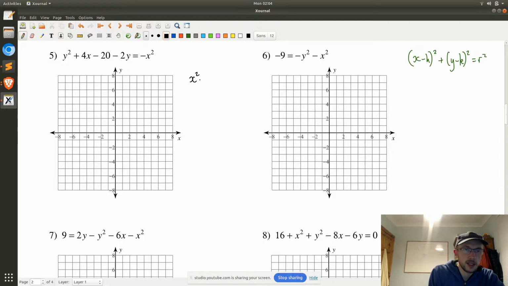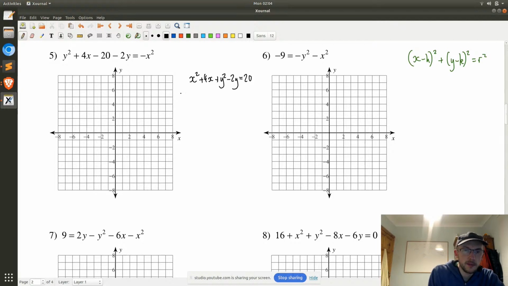Put x squared next to 4x, put 2y there, and 20 on the right. Okay. Oh, sorry. Beg your pardon. y squared next, and -2y there. And 20 on the right.